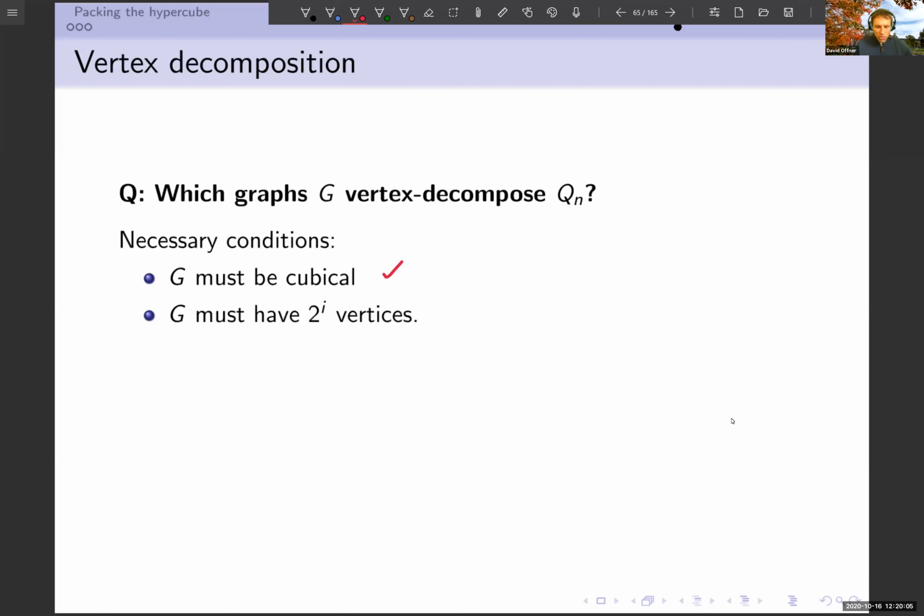It's got to be a subgraph of a hypercube, and the number of vertices in G has to be a power of 2, because the number of vertices in Qn is a power of 2, and the only thing that divides a power of 2 is a power of 2. The question at that time was, are these necessary conditions also sufficient?